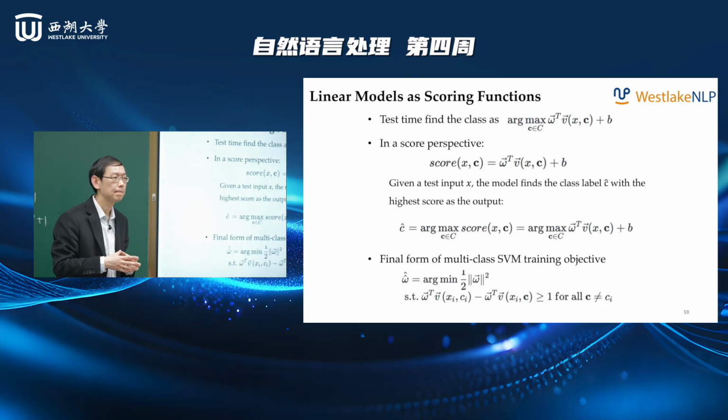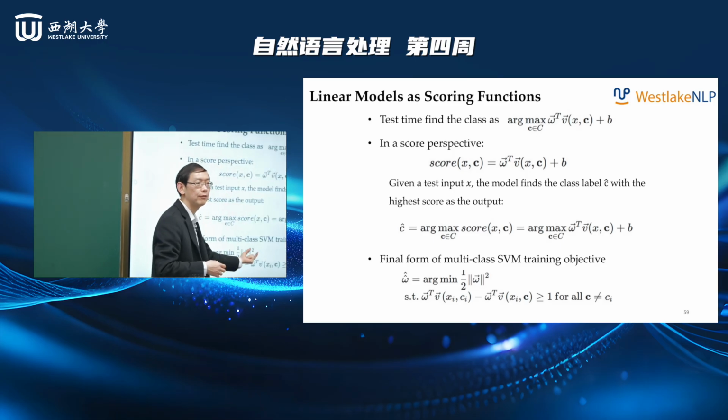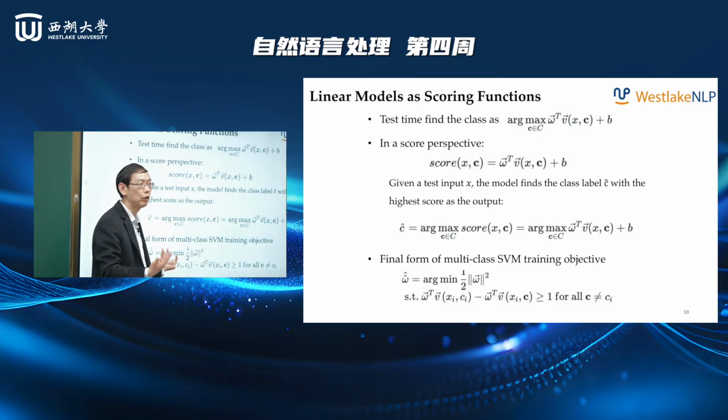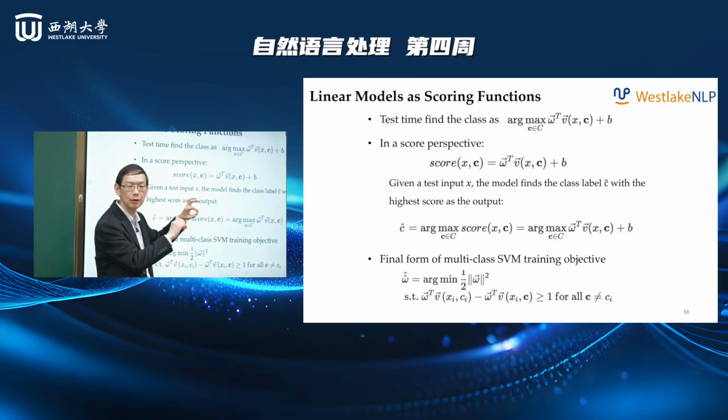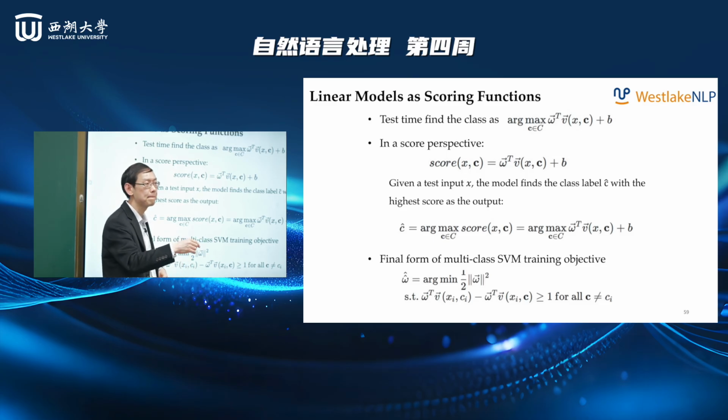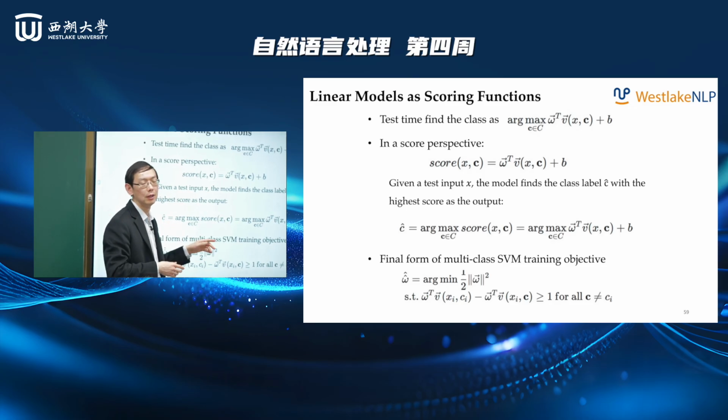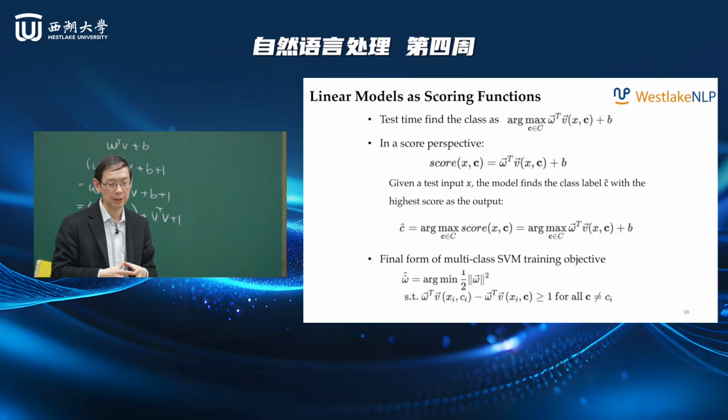Because I only care about the score difference, I can reparameterize my SVM a little bit. I don't care about the distance of the support vectors anymore. I don't need B anymore. Let's just say I only need omega, because omega times V(D, C_i) minus omega times V(D, C_j), the Bs cancel each other. They are no longer useful in my model. So my model parameterization also changed.